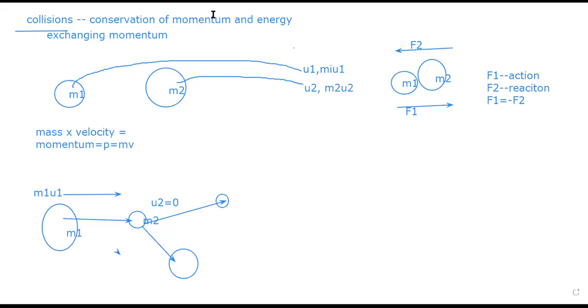So after the collision, they have the final velocities. I am writing the final velocities. The final velocity of mass m1, I'll write it as v1, and it will have m1 v1 as the final momentum. So this is the final momentum of m1.